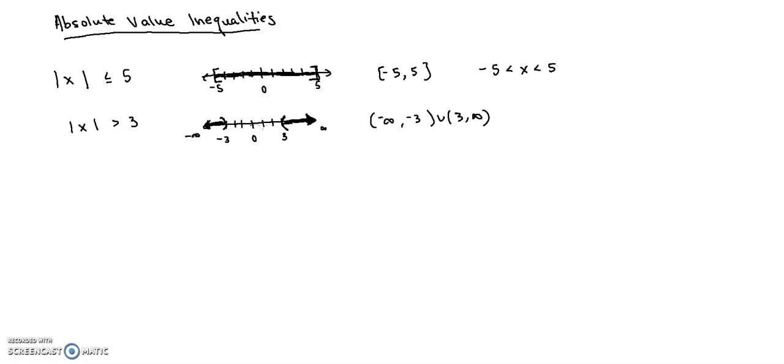And we can also write it as two separate inequalities, x greater than 3 for the positive one, and x less than -3 for the negative version. Okay, so if you can remember this idea about distance, being closer than this number or greater than this number, that'll help you solve them because this tells you what to do for the general rule.